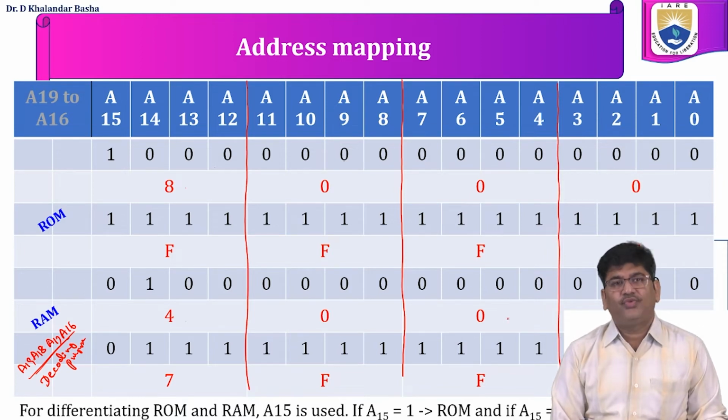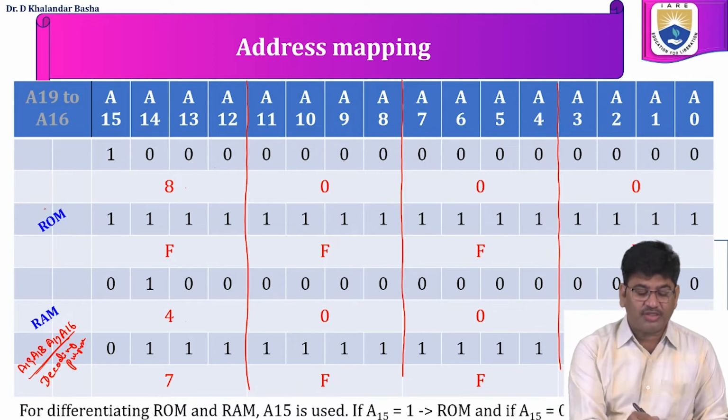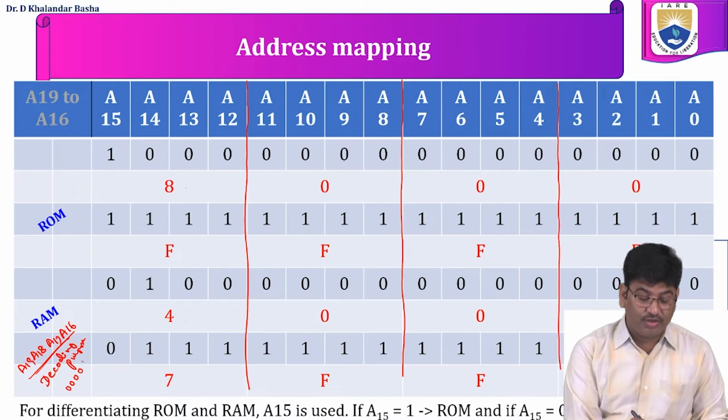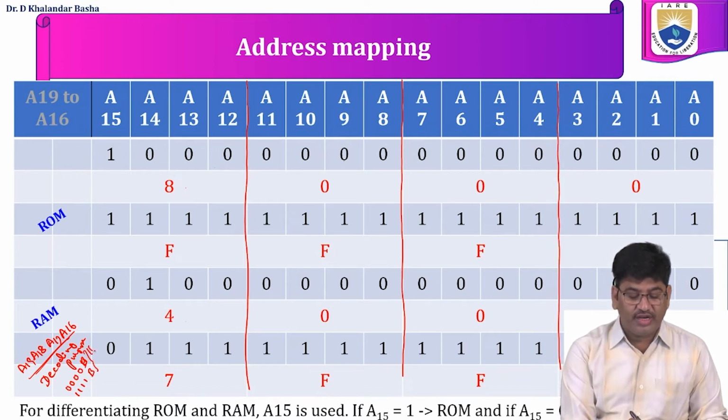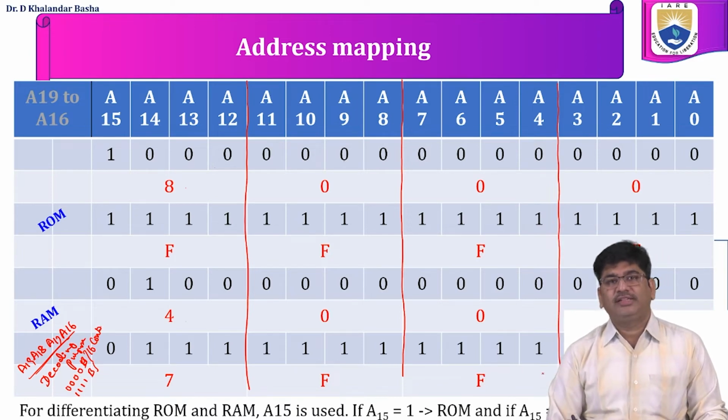As these are 4 bits and they are don't cares, we can pass these bits from 0000 in hexadecimal to 1111 in binary. In total, you'll get 16 combinations. Out of the 16 combinations, we can select any combination.